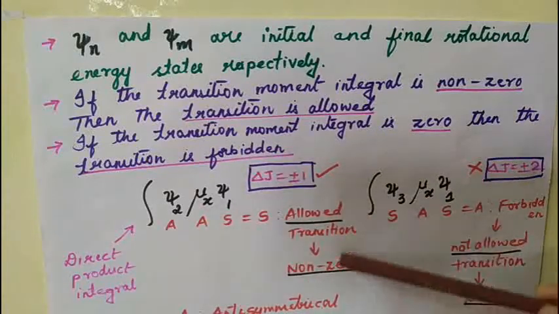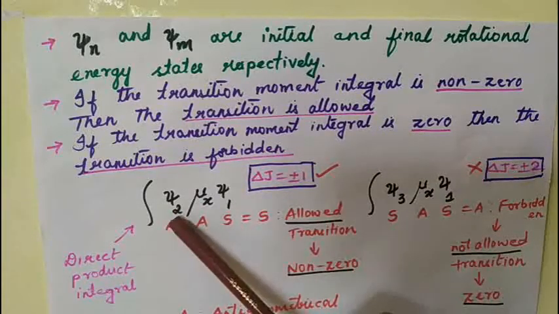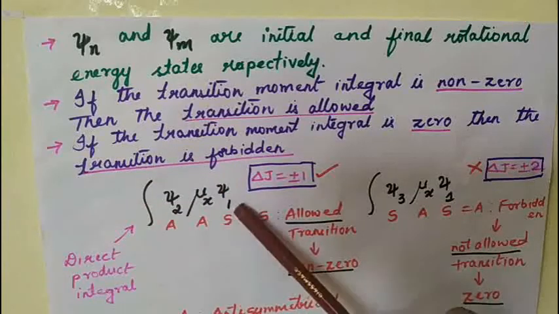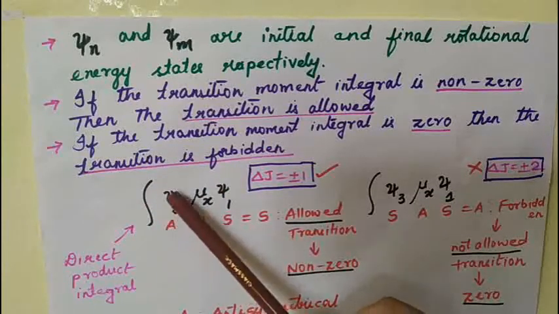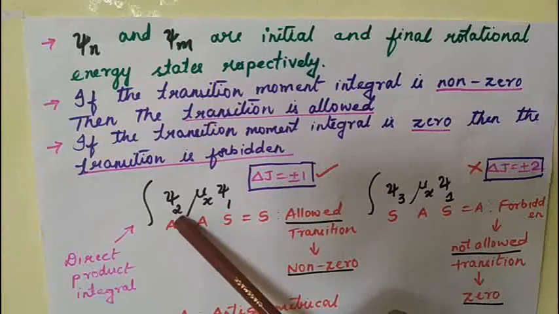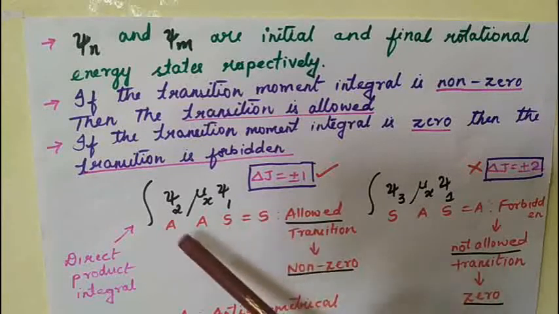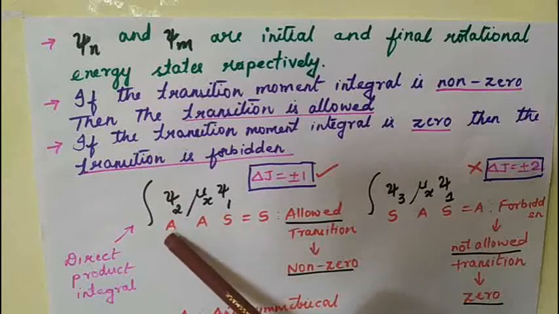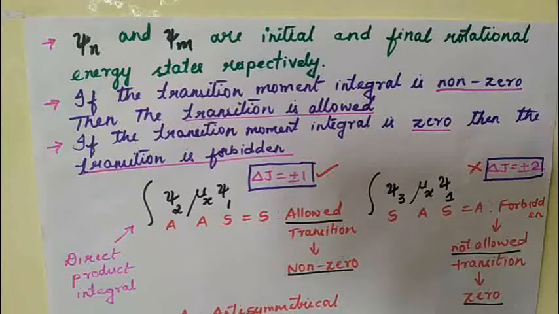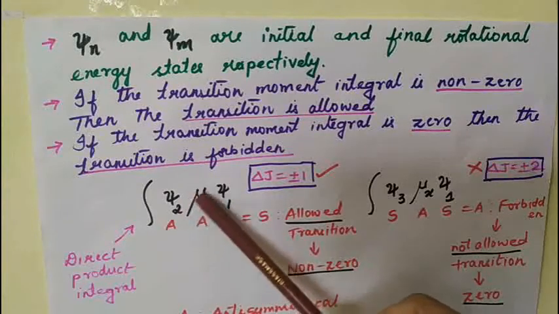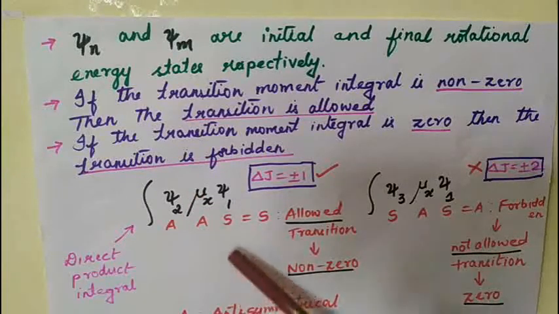Now, let us analyze how it is. Let us take the transition direct product integral. Psi subscript 2 is the final rotational energy state, and psi subscript 1 is the initial rotational energy state. Let the symmetry of psi subscript 2 be antisymmetrical, A stands for antisymmetrical, mu x is antisymmetrical, and psi subscript 1 is symmetrical.